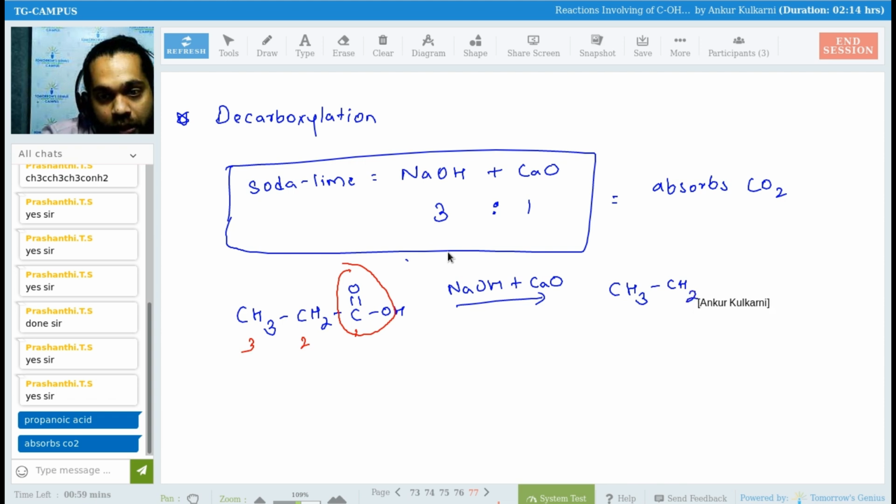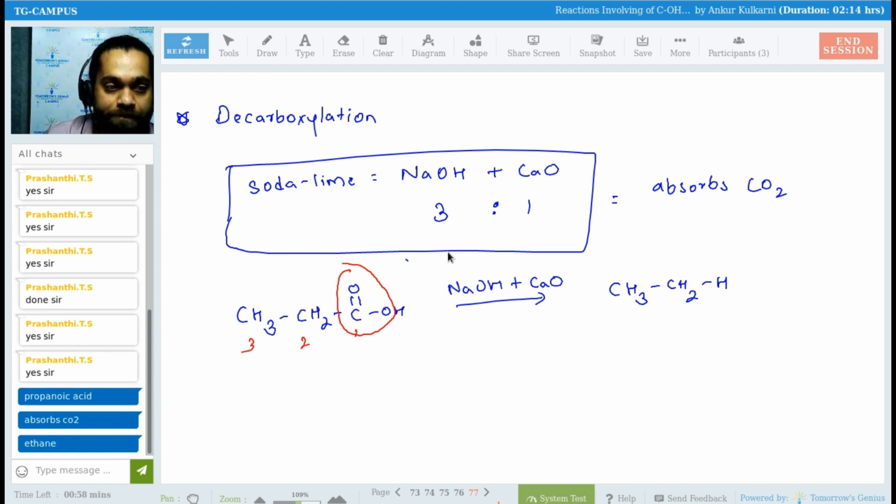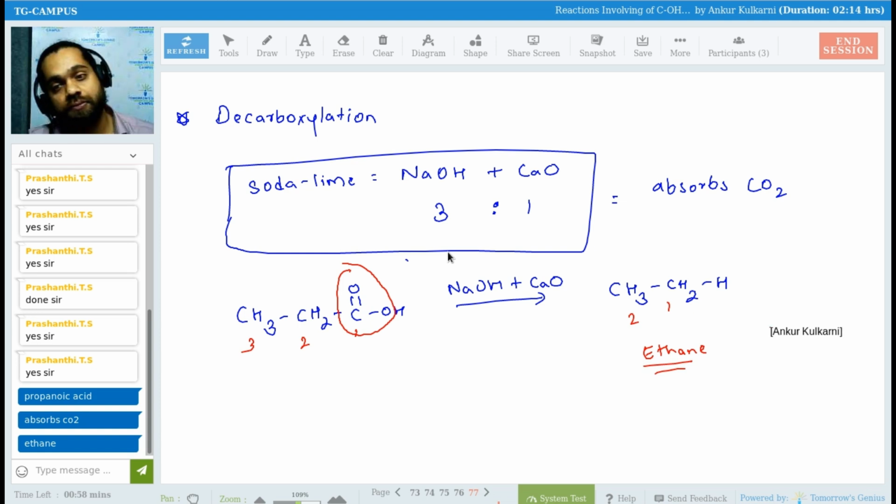CH3, CH2, H. What is this? Ethane. Correct? This is ethane.